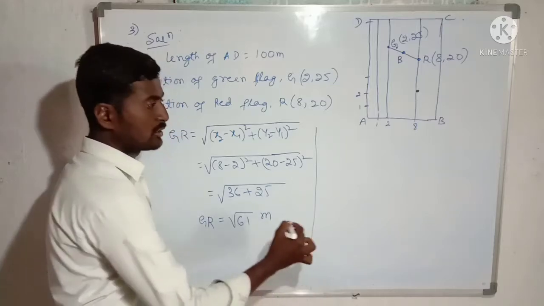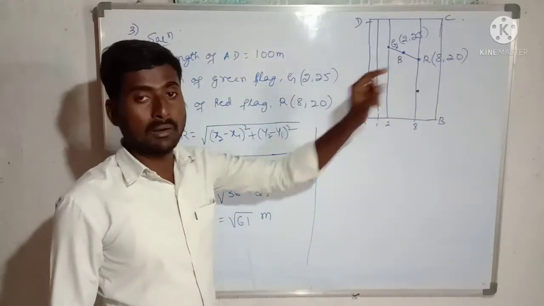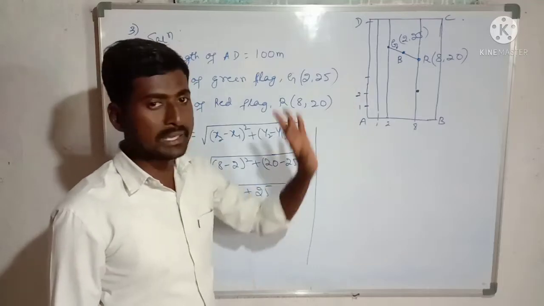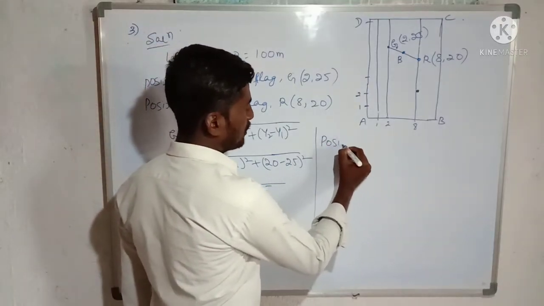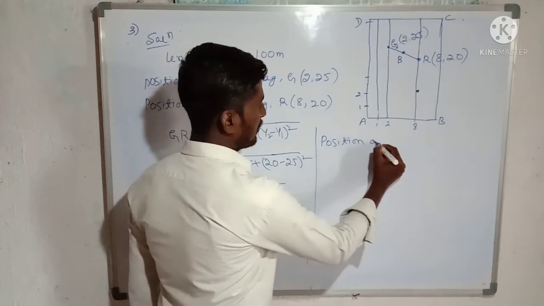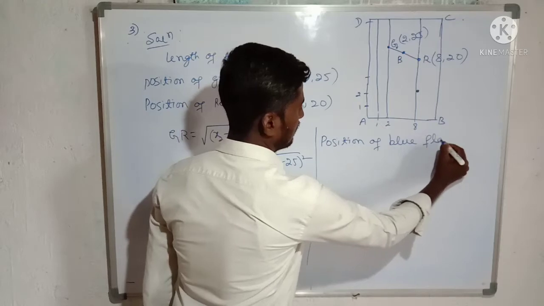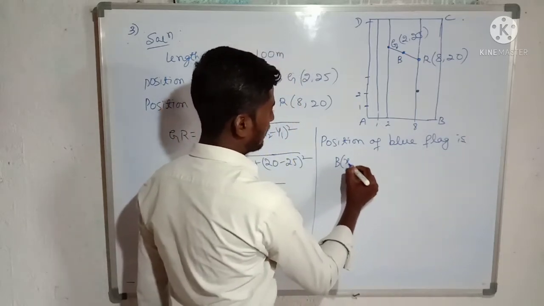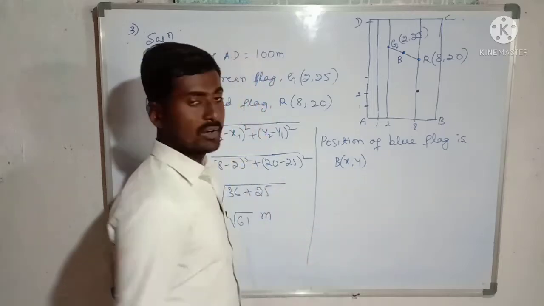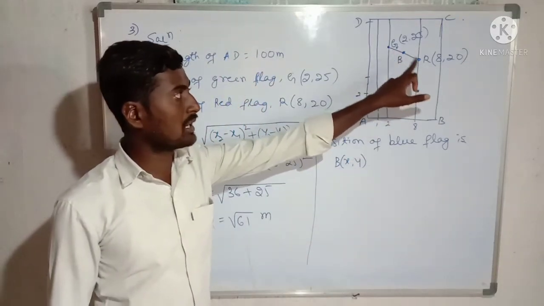And one more, they asked you to find the position of the blue flag, that is B. Position of blue flag is B(x, y). Now we have to find B(x, y), which is the midpoint of GR.